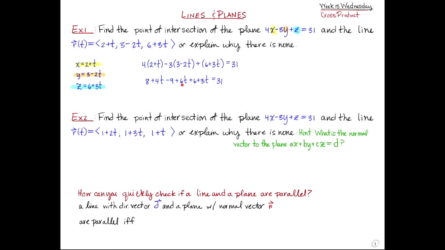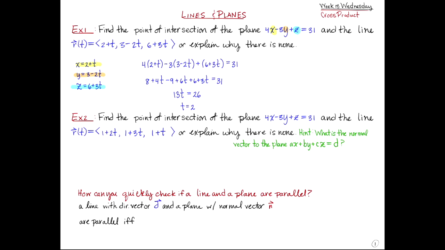4t plus 6t is 10t plus 3t gives us 13t on the left-hand side of our equation, and this is equal to 31 plus 9 gives us 40, minus 8 minus 6 leaves us with 26 on the right side of our equation. Solving for t, we have that t is equal to 2.